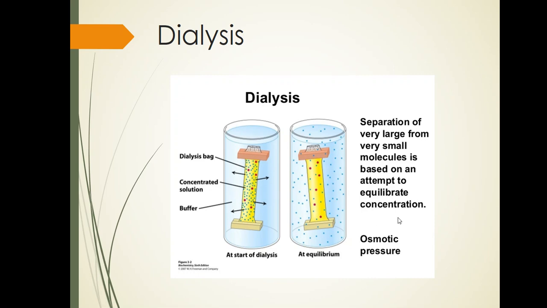The purpose, as mentioned here, is to equilibrate concentration. As much as possible, we want the blue region and the yellow region to have the same concentration. At the start of dialysis, we have something like this. This is how we clean human blood, and at the end we have this. We have equilibrated already the concentration of the concentrated solution on the yellow bag inside. So that's dialysis.